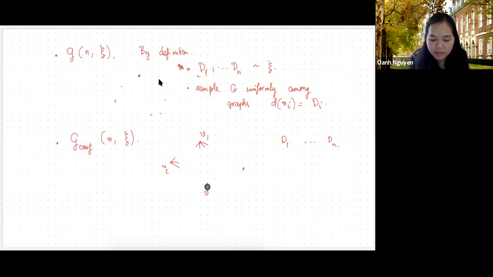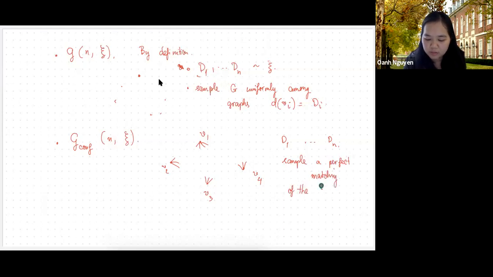Then you sample a perfect matching of the half edges uniformly at random, and you get a graph that is called the configuration model.